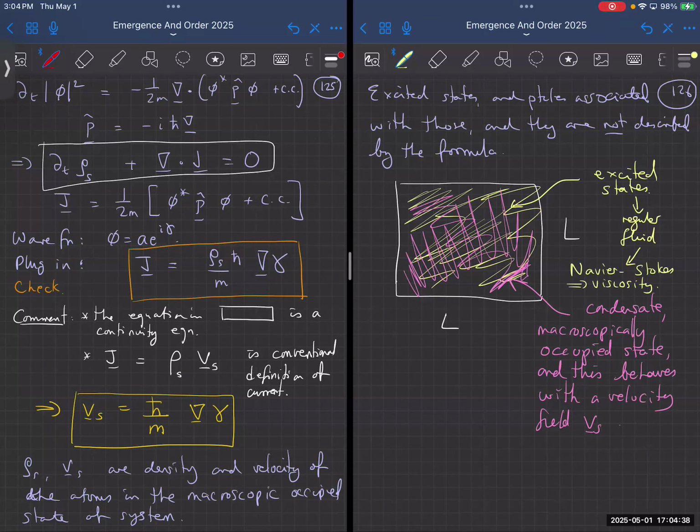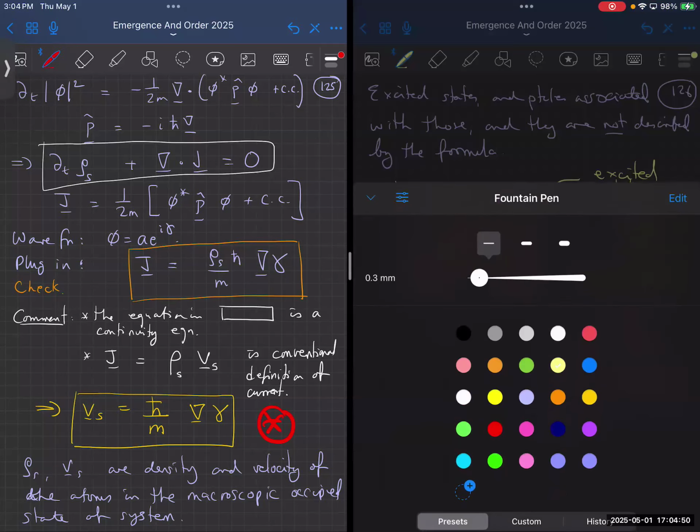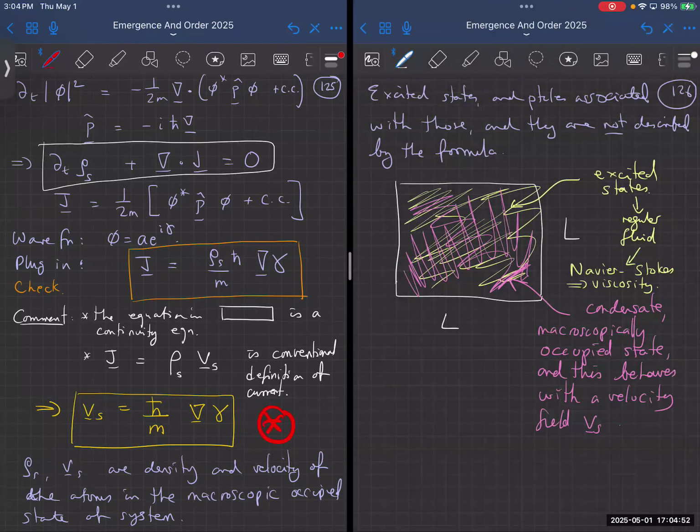And the macroscopically occupied states obey this funky equation over here on the left. Now I want to talk about the fluid mechanical behavior of these particles. So the excited states equal a Navier-Stokes fluid.